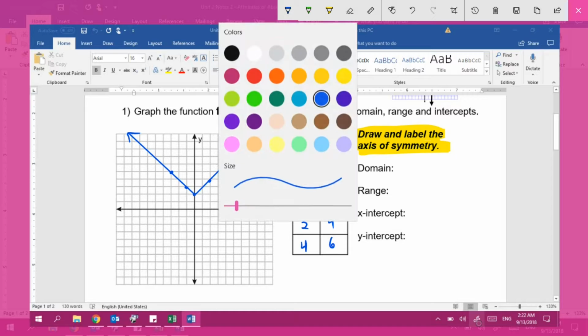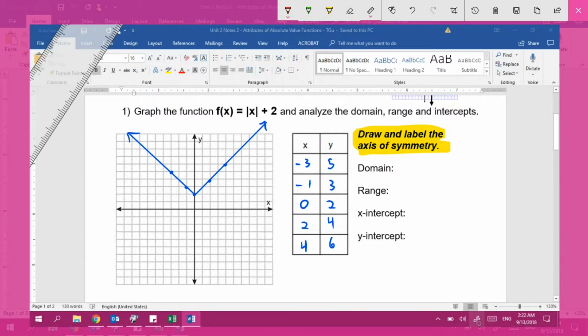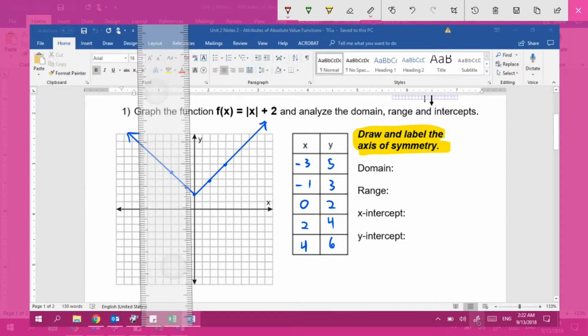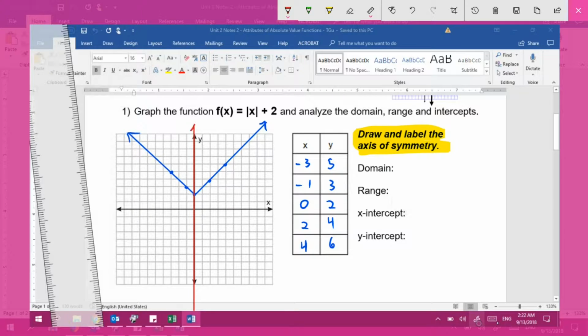And we can see that that line, I'm going to do it in red, would be right here on the y-axis. The y-axis right here is the axis of symmetry. You see how it's cutting the graph exactly in half? That's the axis of symmetry. And what would the equation for this line be? Remember, it's just going to be x equals a number, so the axis of symmetry here is x equals 0.